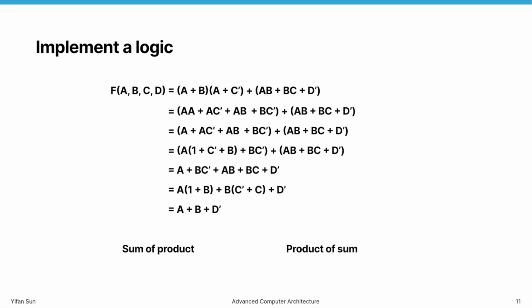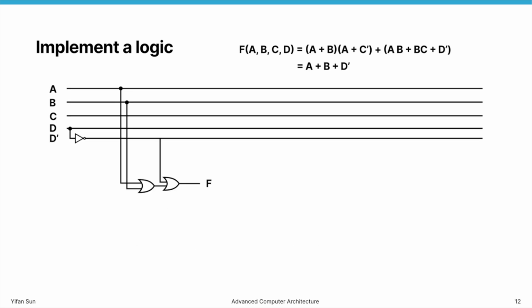That's the product of sums. I will show you examples later. If we implement this circuit in this way, we only need two OR gates and then a NOT gate. It's much simpler, saves a lot of die size, and the boss will be very happy.